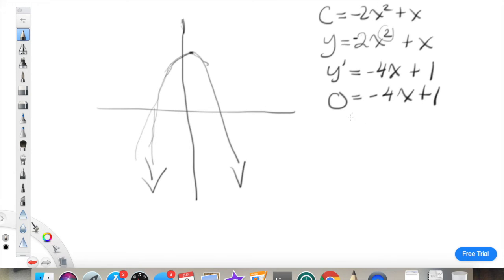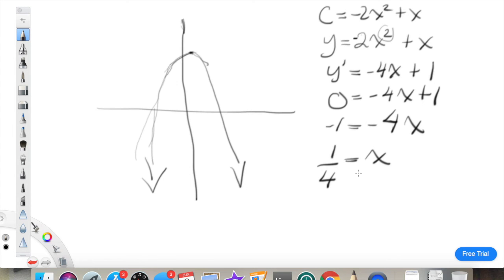Negative 4x plus 1 equals 0, so x ends up being 1 over 4. Then you plug it back in, figure out the y component, and then solve for the cost. So that's the basic way of doing those problems.